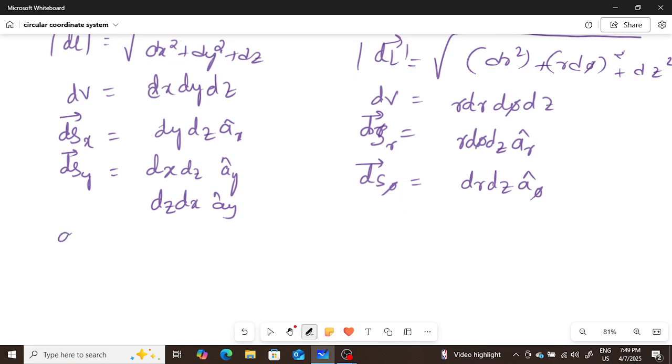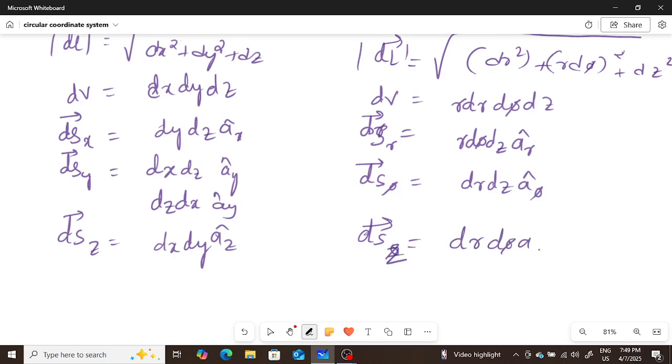Next is dsz, the differential surface area normal to az direction. First point is done. Then eliminating z, what can you write? x, y. Similarly, it is the same for both coordinate systems, that is dr, dφ, it is not φ, sorry, it is z, it is az.